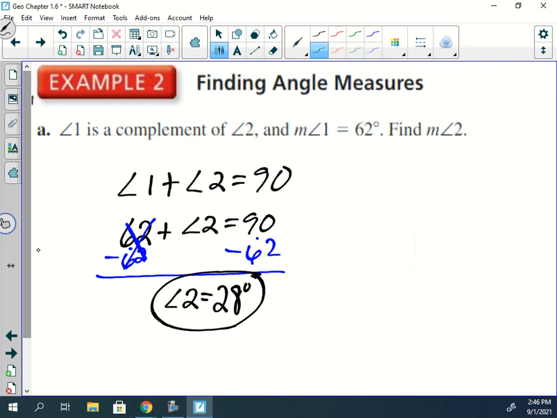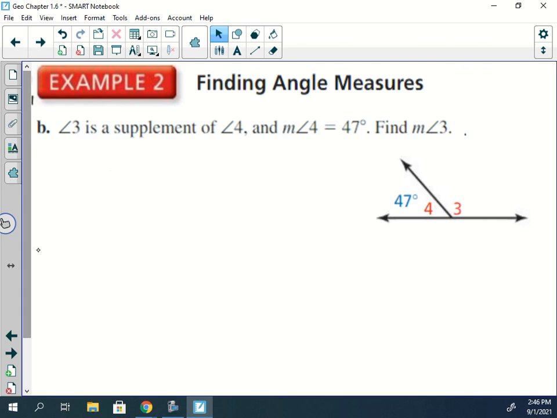Any questions on this here? What did we do? We just subtracted 62 from 90. We ready for the next one? Angle 3 is a supplement of angle 4. What does that mean? They add up to be 180, yes? We're told one of them is 47.